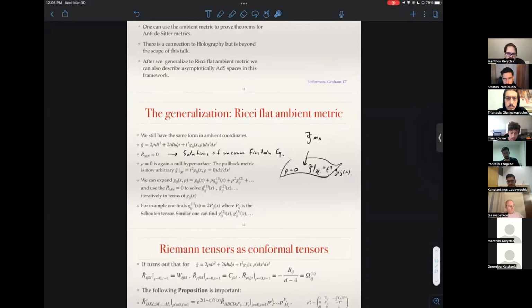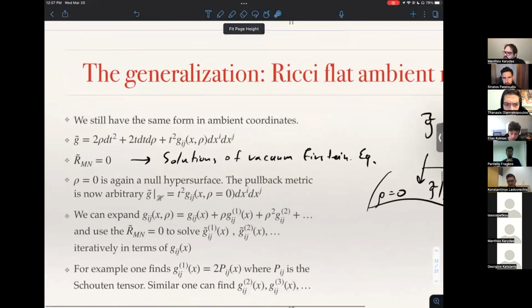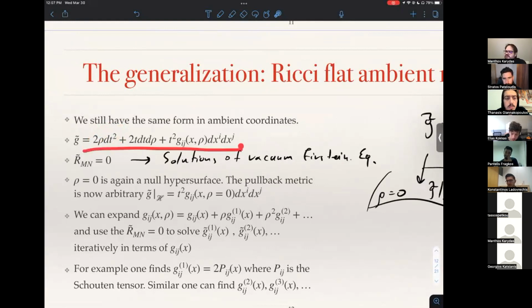Because what imposes the nullness is this part of the metric here. If rho is non-zero, you have this dt squared here, and it's not null. Okay. But it's specific to the coordinate system. I don't think it's anything deep, but in this coordinate system, only rho equals 0 is null.